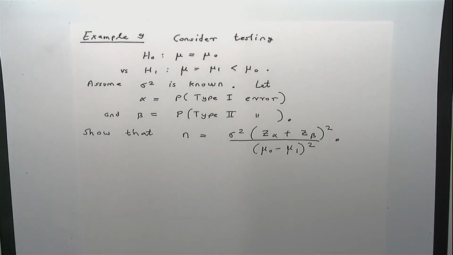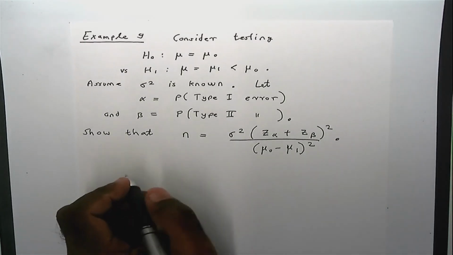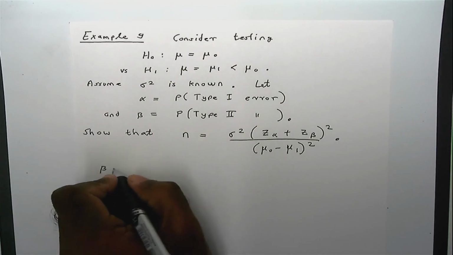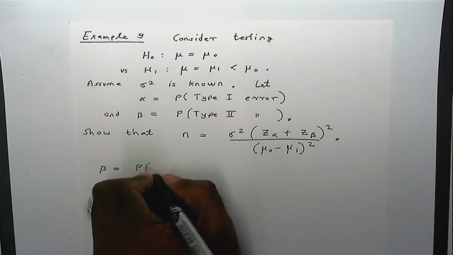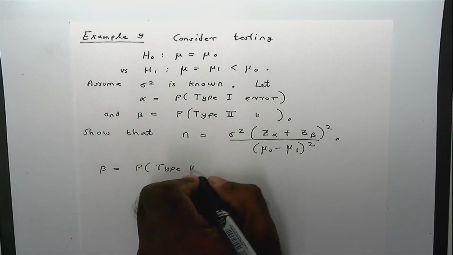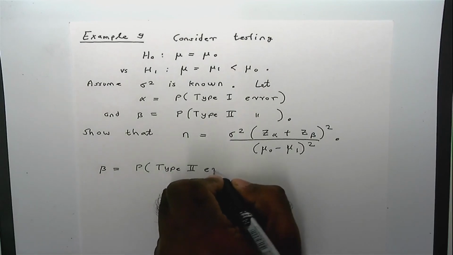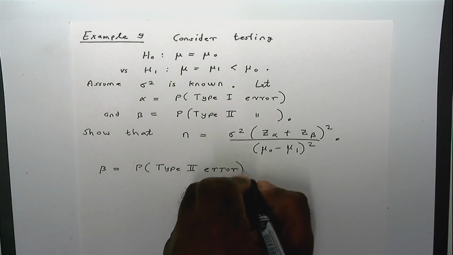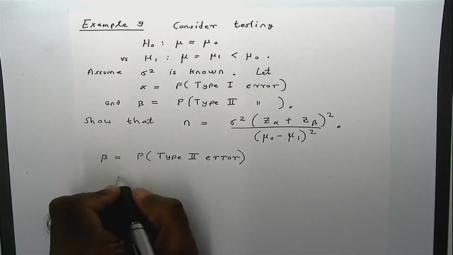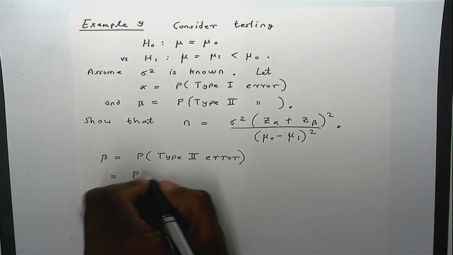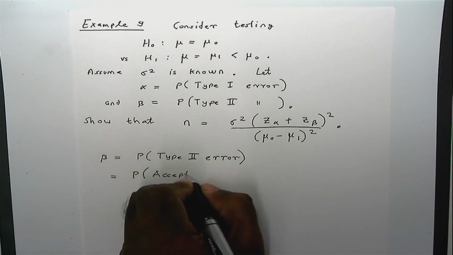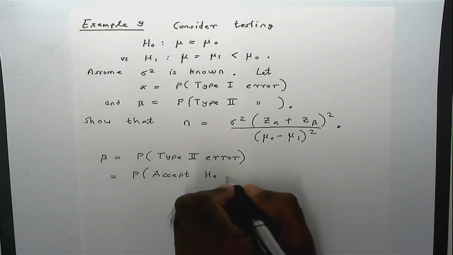Right. So to do this, you start with beta. Remember, beta is the probability of type 2 error, which is the probability that we accept H0 when H1 is true.